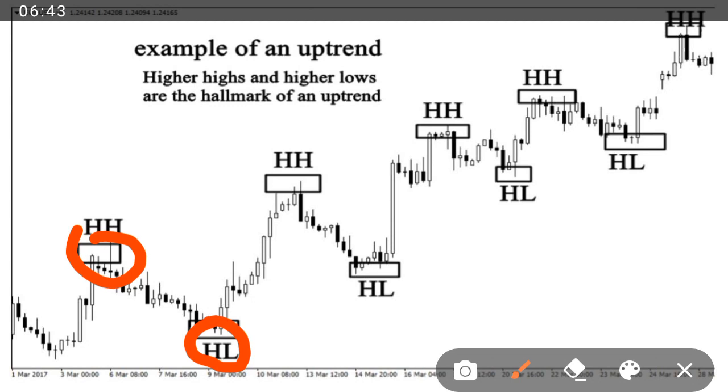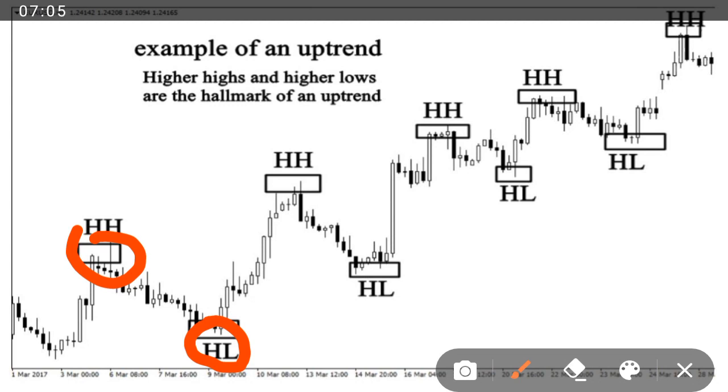So all these reversal points up are called highs. The reversal points down are called lows. So when a high now makes another high, it is called a higher high.